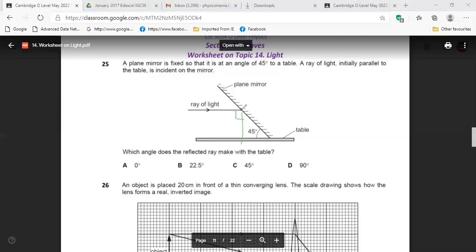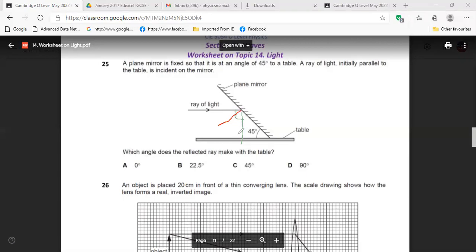Here is the normal. Then this angle and this angle should be equal.